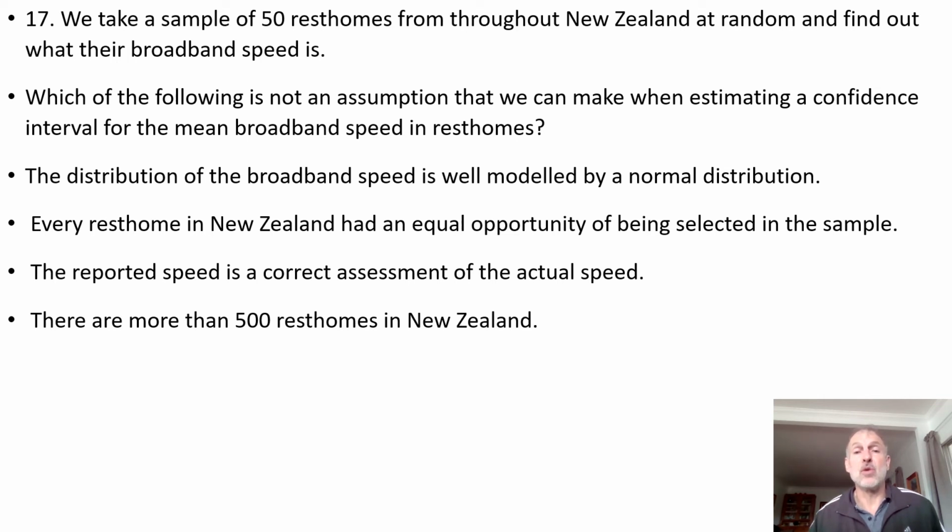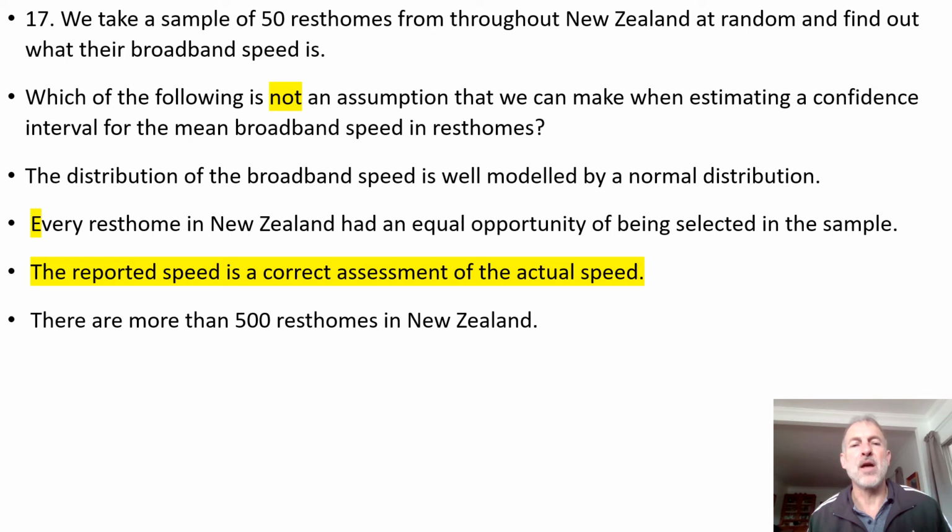Every rest home in New Zealand had an equal opportunity of being selected in the sample. The reported speed is a correct assessment of the actual speed. There are more than 500 rest homes in New Zealand. Okay, so which of the following is not an assumption that we can make when estimating a confidence interval?